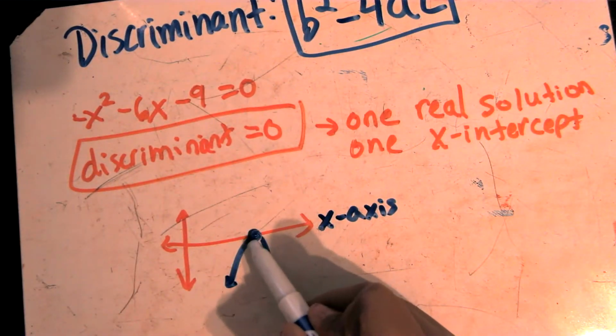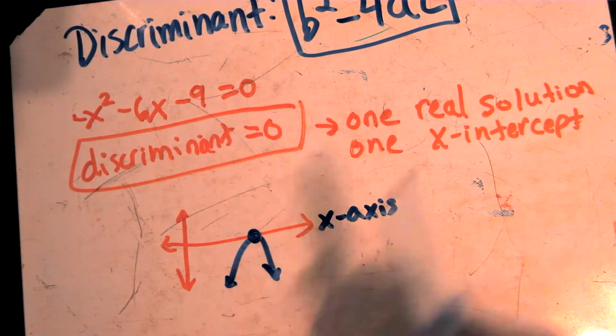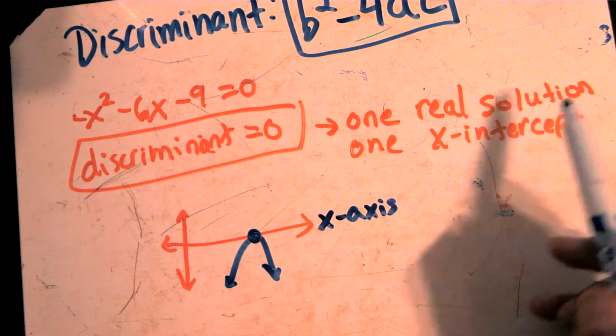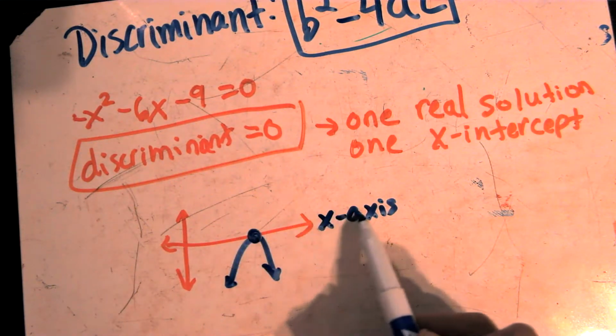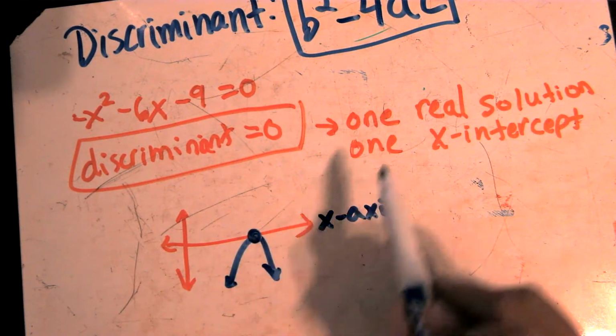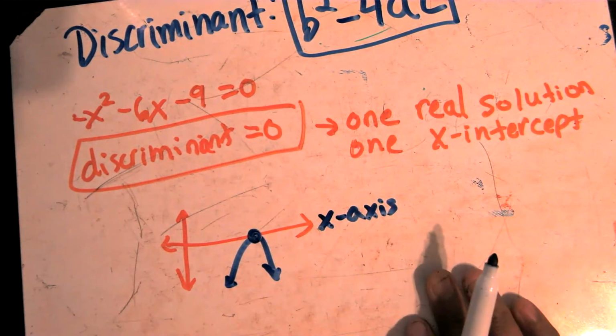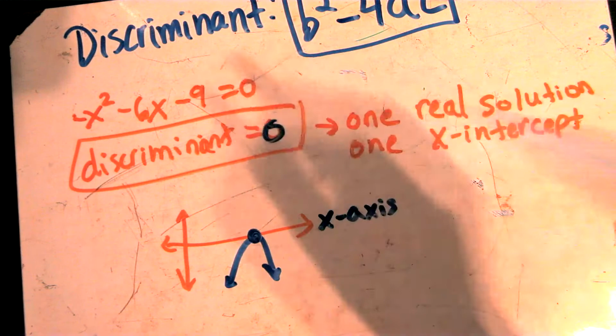That one is the root, one real solution, because it's touching the x-axis, therefore it has one x-intercept, because the discriminant is 0.